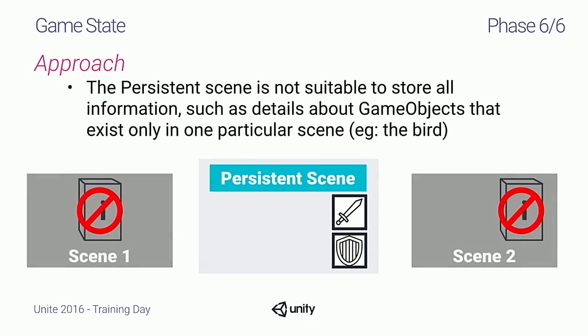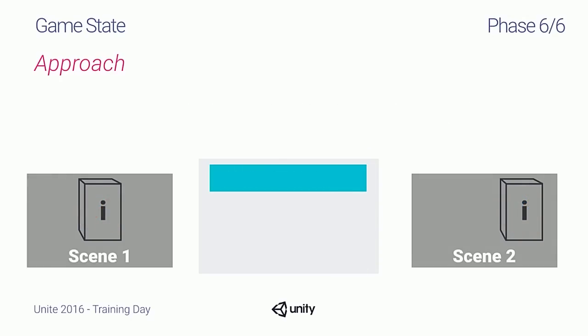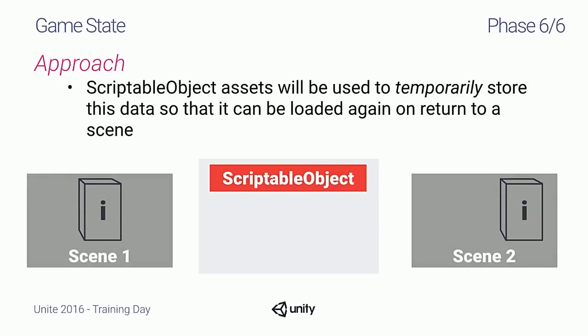However, the persistent scene is not suitable for all stored information, such as the details of that game object that exist only in one particular scene. It's not a great place to store where the coin is in the persistent scene. So the scriptable object assets will be used to temporarily store data so that it can be loaded again when we return to the scene.